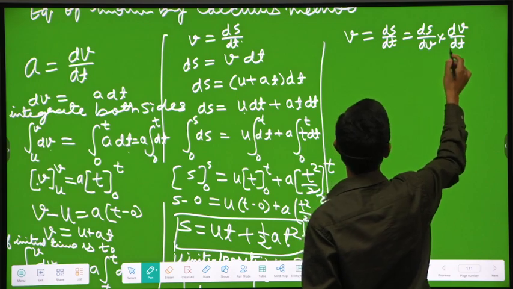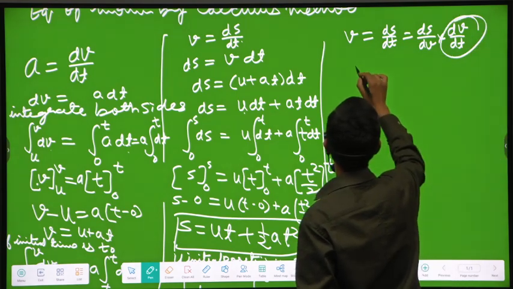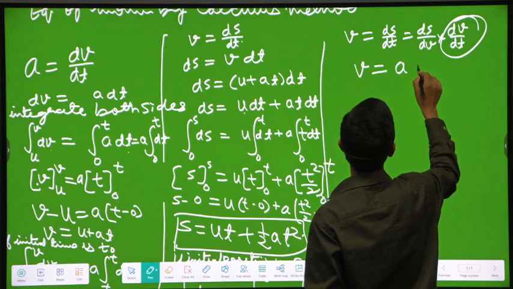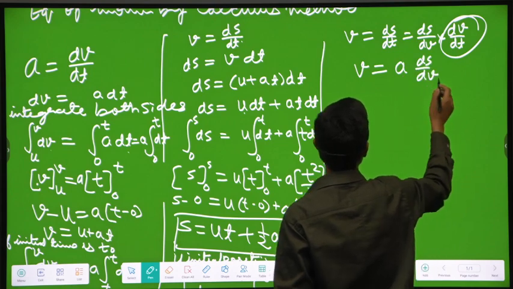Because dv by dt is a, we can write v equal to a ds by dv.